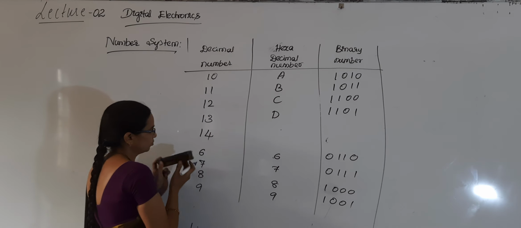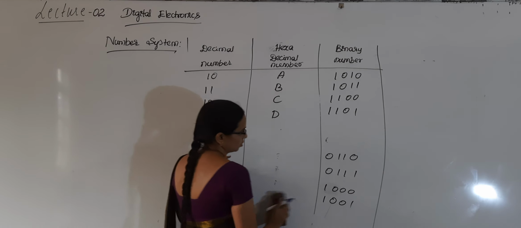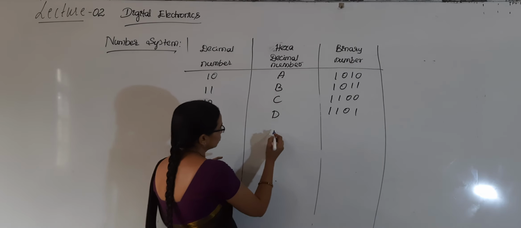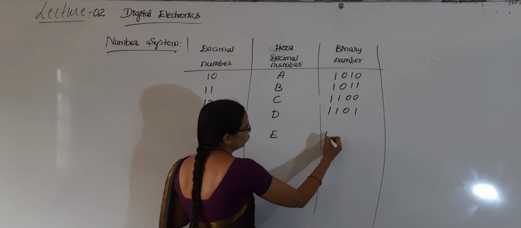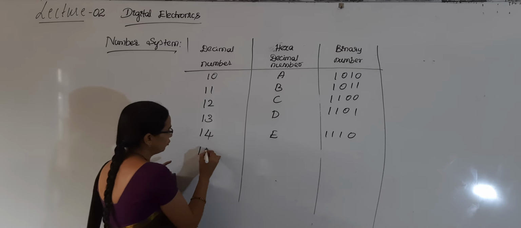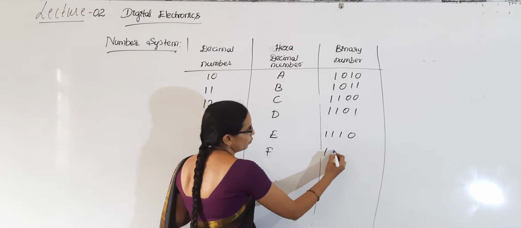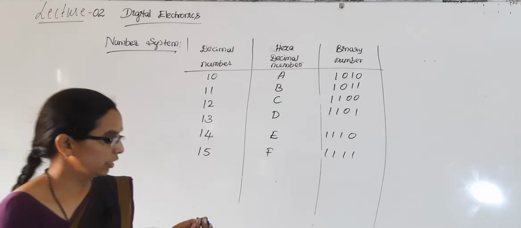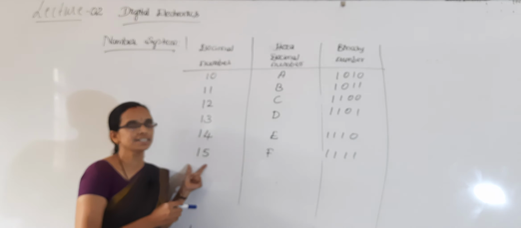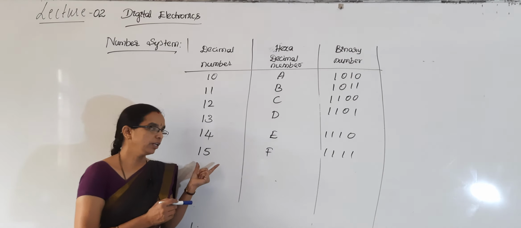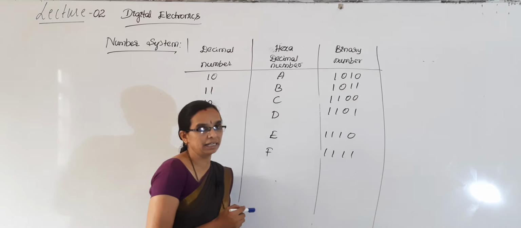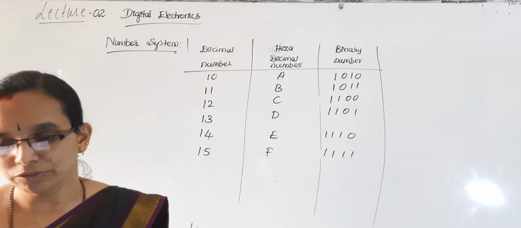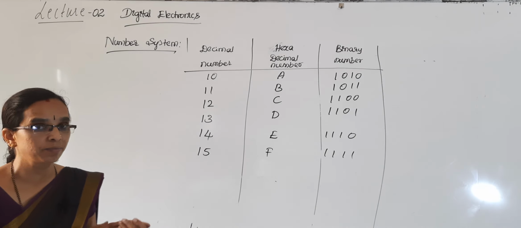For 14 it is E, 1110, and for 15 it is F, 1111. Using 4 bits, we can represent up to 15 in decimal. This is a table you should remember, representing decimal, binary and hexadecimal numbers.